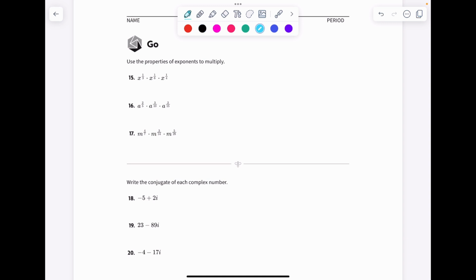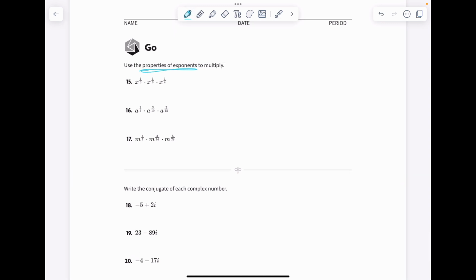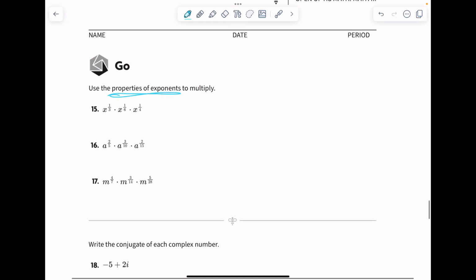At the Go section, we're using our properties of exponents to multiply. I like to call it MAT SPM. When you multiply, you add.